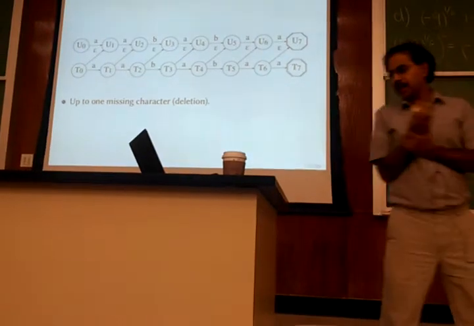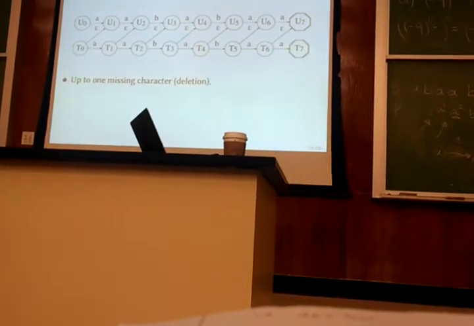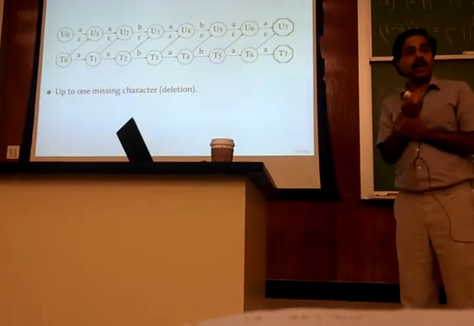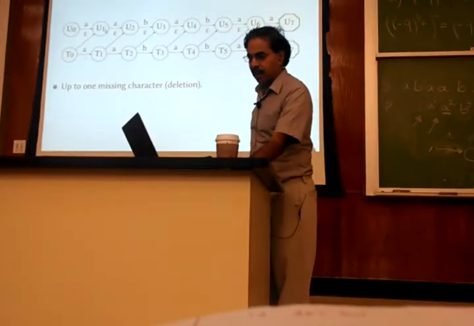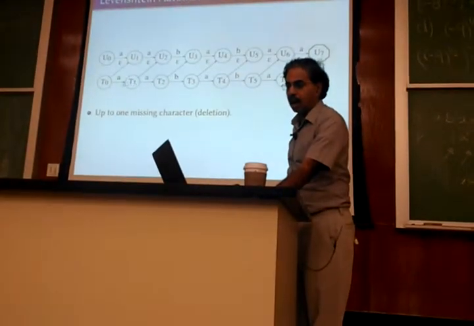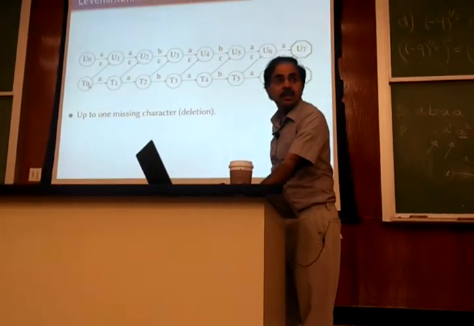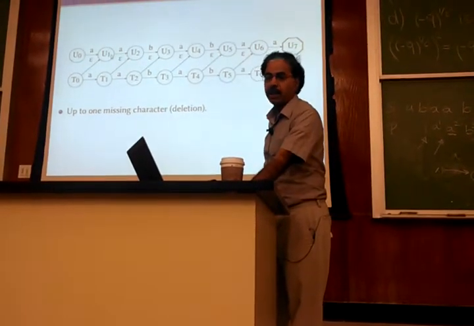Now let's say I want to allow one character to be missing. Then that is my automaton. If I see an A, I can go forward to the next state, or I can say maybe I am missing that A, so I will make an epsilon transition over here.